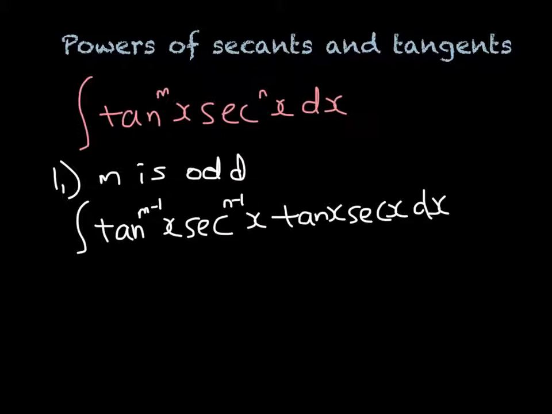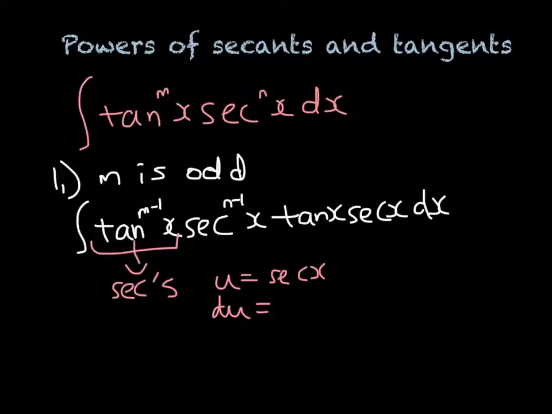Now this allows us to convert these tangents into secants, and then we can just set u equals secant x, du equals tangent x secant x dx, and so now we can easily see a polynomial in u and then du right here so that we can integrate.